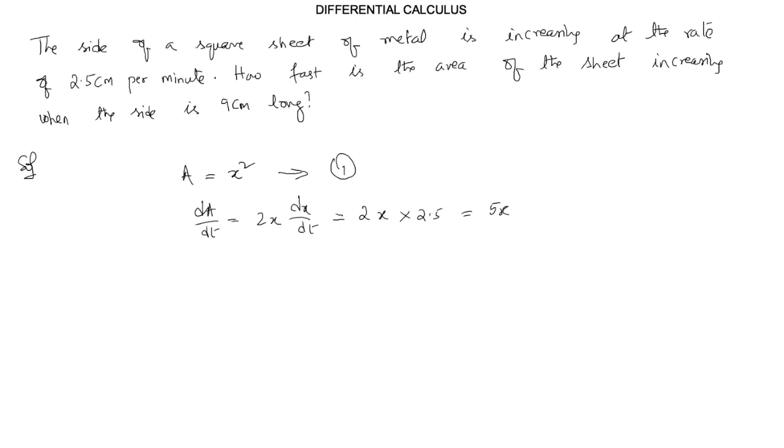Now when x is 9 centimeter, dA by dt is 5 multiplied by 9, which is 45 square centimeter per minute. This is the rate of increase of the area when x is 9.